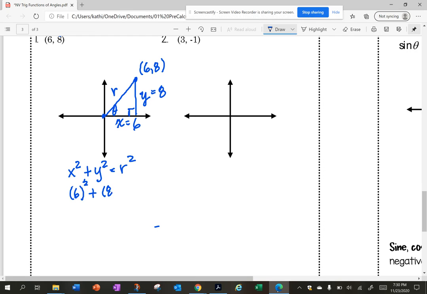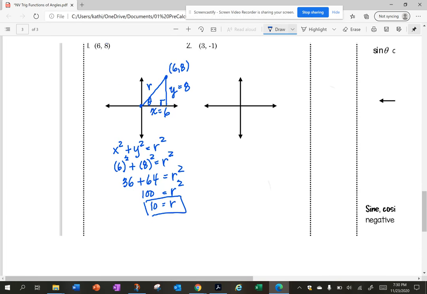So (6) squared plus (8) squared equals my radius squared. 36 plus 64 equals my radius squared. 100 equals my radius squared. Taking the square root, r is 10. The radius is always positive.